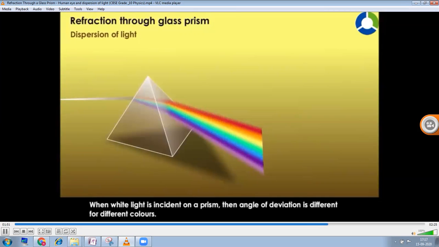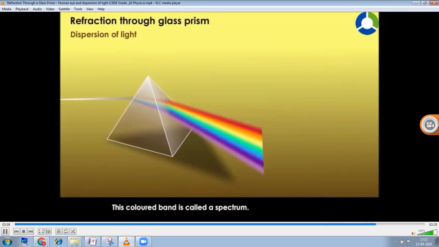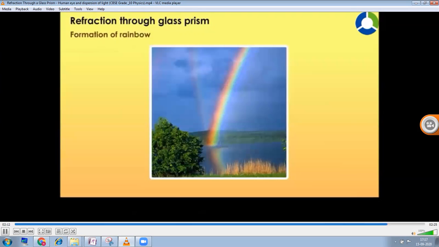When white light is incident on a prism, the angle of deviation is different for different colors. When the dispersed white light is made to fall on a white screen, we get a 7-colored band of light. This colored band is called a spectrum.